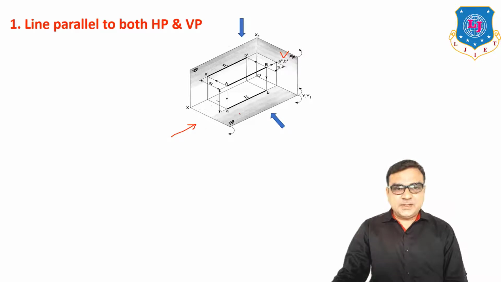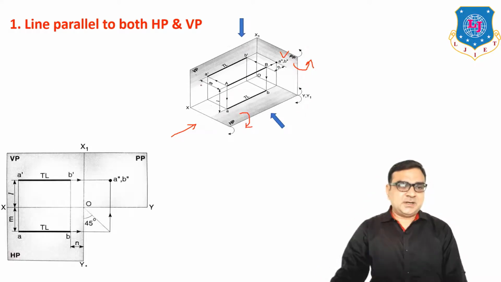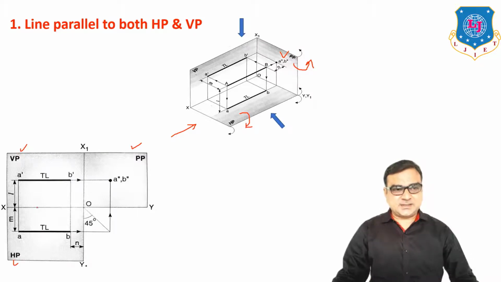Now we have to rotate this horizontal plane 90 degrees clockwise and the profile plane 90 degrees like this. Then the three planes, VP, HP and profile plane, are in the same plane. So the projections obtained on the three principal planes look like this.